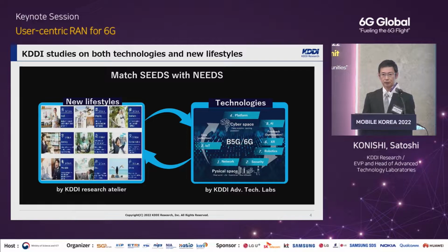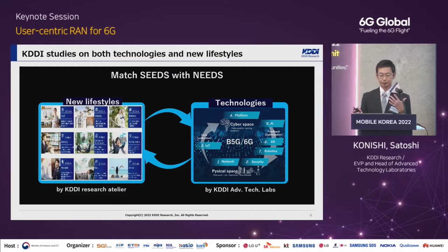The reason we study this in relation to technologies is that we have to come up with new lifestyles for the future. Otherwise, even if we come up with new technologies by ourselves, they may not be aligned with the new styles. So it's very important for us to think about both new lifestyles and technologies. That's why we have two sites and facilities, and we collaborate with each other.